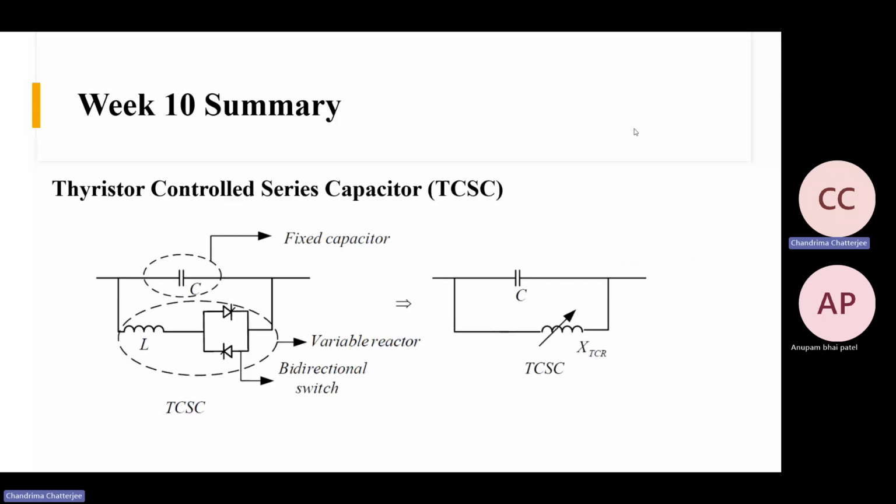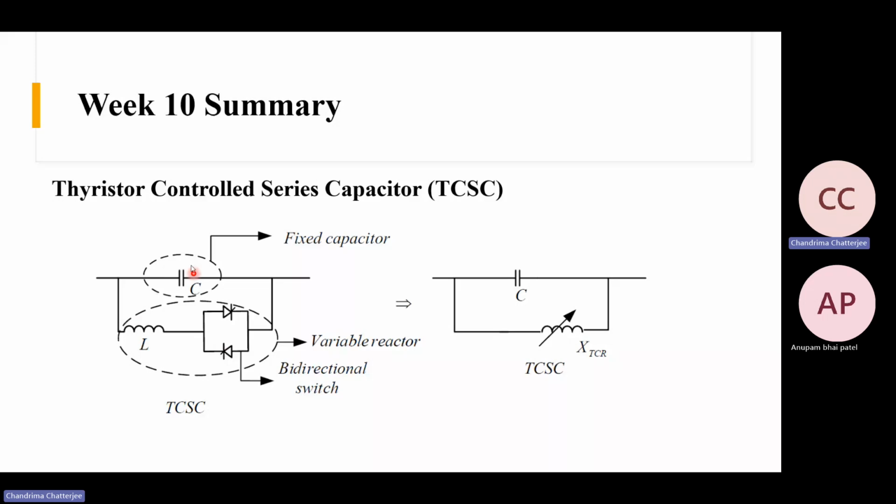We already discussed what TCSC is in the last session. Just for a brief recap, I have added this diagram. The full form is thyristor controlled series capacitor. Obviously the capacitor will be in series with the line, and in shunt there will be a controlled reactance. We control the inductive reactance by placing these thyristors.